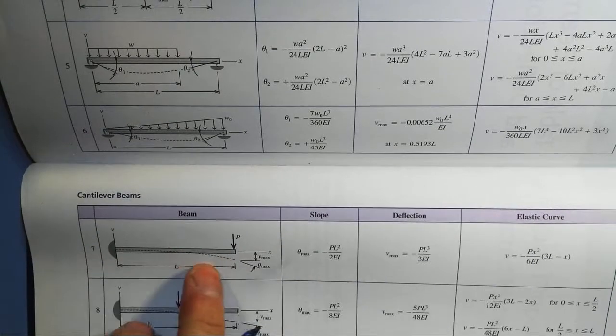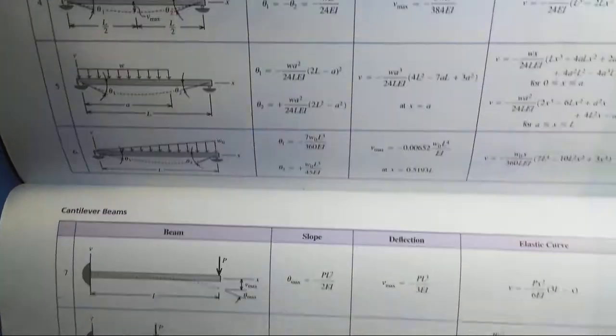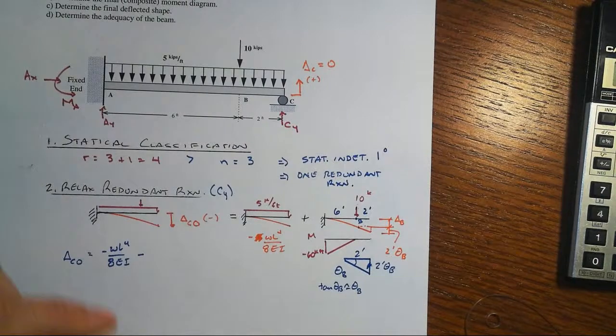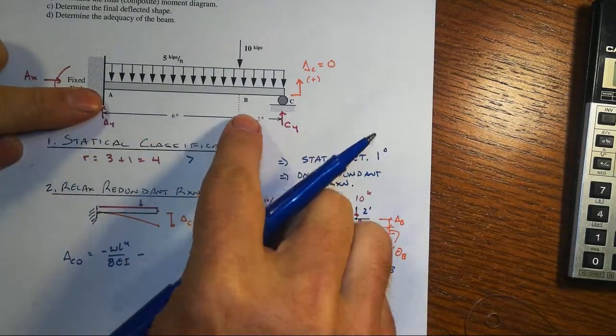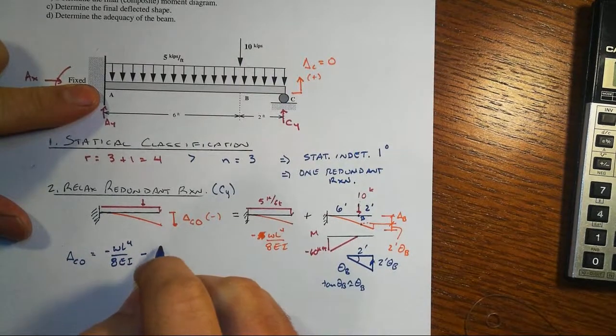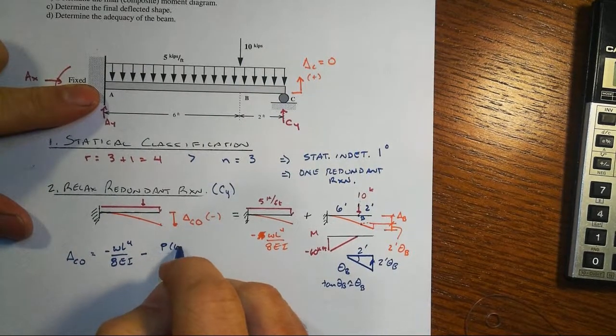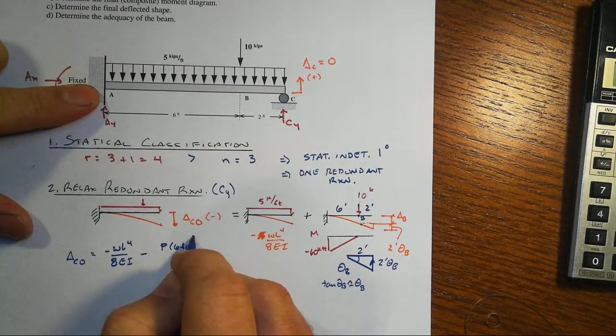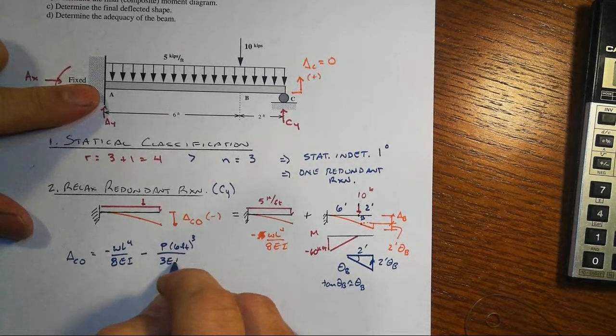So effectively what happens is the displacement under the point load on a cantilever, PL cubed over 3EI. But the L is not the total length of 8 feet, it's this distance out. It's that little portion right here. So that would be P times 6 feet cubed over 3EI.